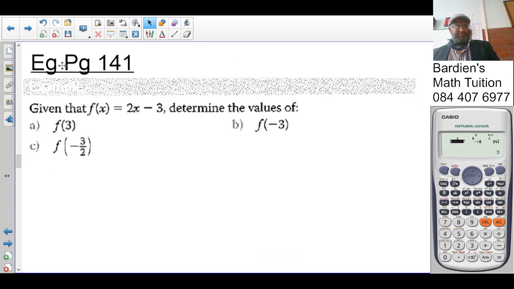So now example 2. On page 141, we are given f of x equal to 2x minus 3. Determine the value of f of 3 in the first case. Should I do that for me quickly?